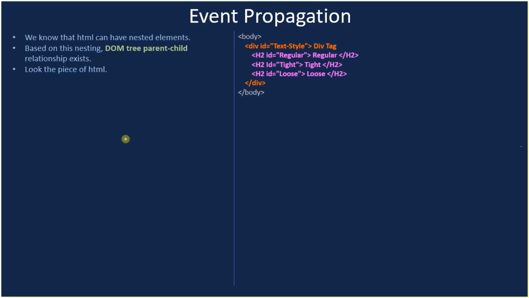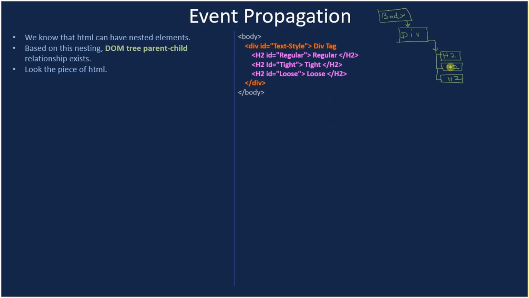If you look at the DOM tree relation, it will go like this. So this is how the DOM tree relation will be established.